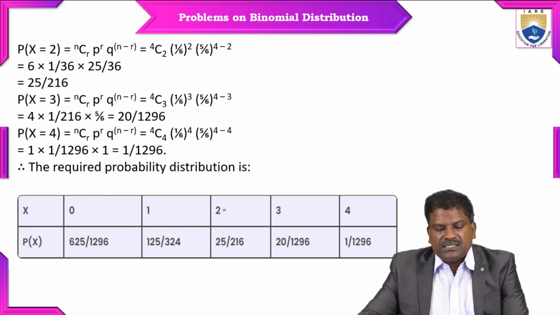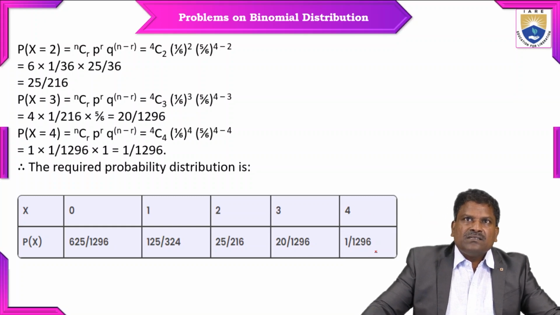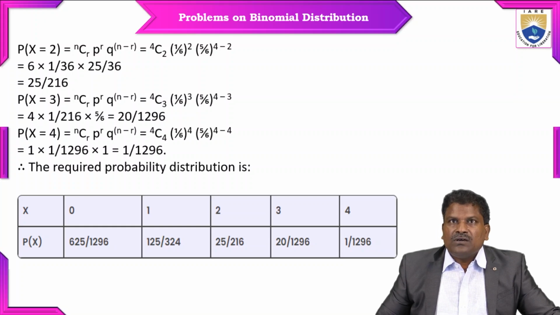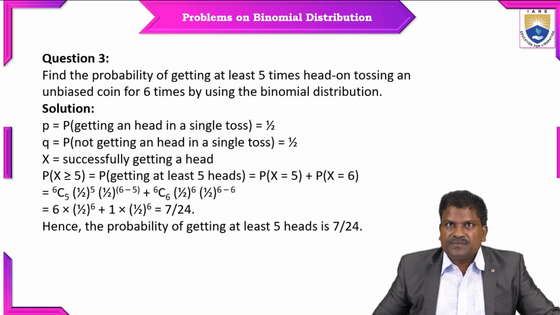P of 2 is 25 by 216. P of 3 is 20 by 1296. P of 4 is 1 by 1296. There the sum ends. Distribution means we have to show it like this in tabular form. This is the binomial distribution for this given data.